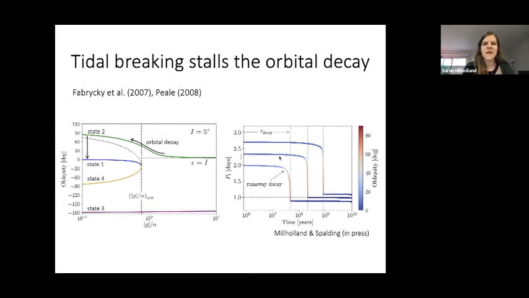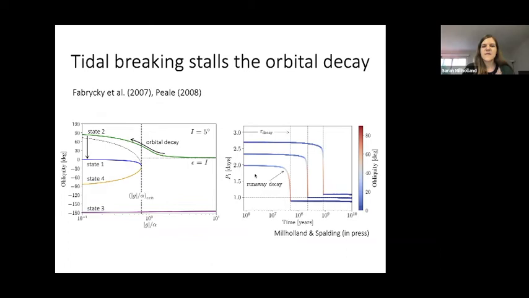So on the right here, I'm showing a couple examples of this runaway orbital decay, where the color bar is the obliquity. I'm showing this for different initial conditions. So the decay, you can see, goes runaway at some rate at which the orbital decay becomes really fast and eventually gets to a really high obliquity that breaks out of this state and settles down onto a much smaller obliquity that stalls its orbital decay at ultra short orbital periods.